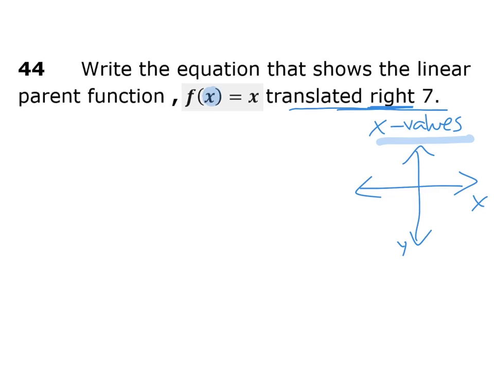So we're going to have g of x, which is our new function, is going to equal f. The f is coming from the original, of x. And then this is where my 7 goes. And it's a minus 7 because we're going to the right and it's inside the parentheses, the sign will change.